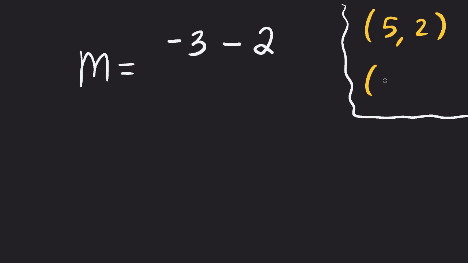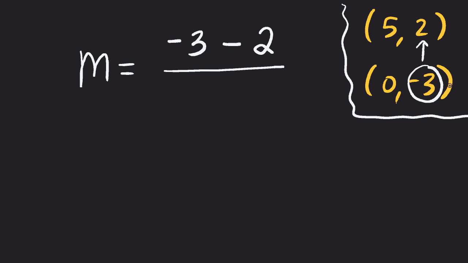So there was our first point, there's our second point. All right, so I took -3 and subtracted 2. So that means I'm now going to go to the 0. So I'm going to take 0 and subtract the 5. So corresponding parts matched up.